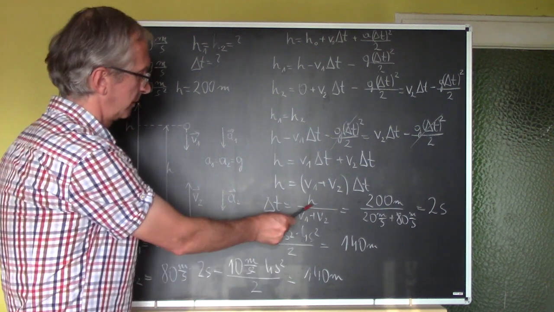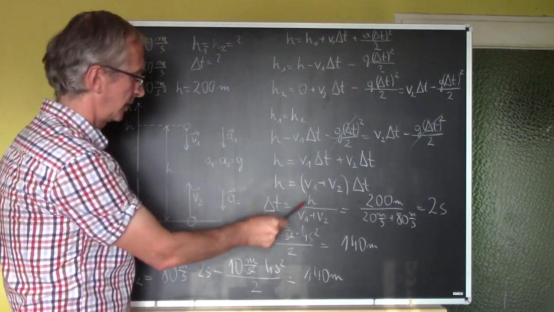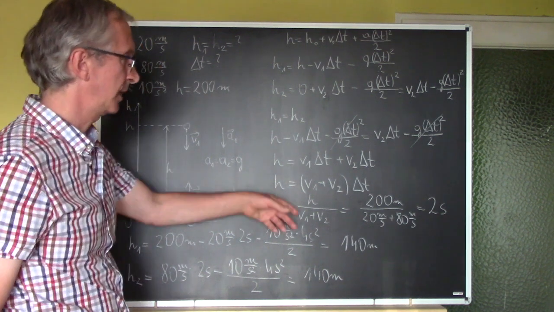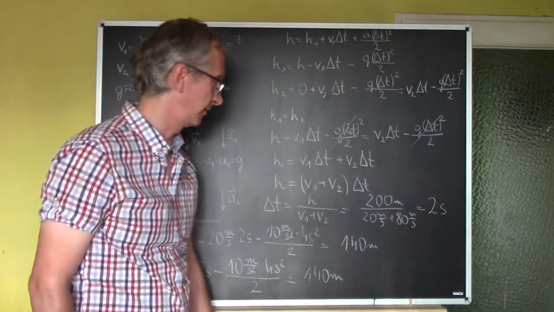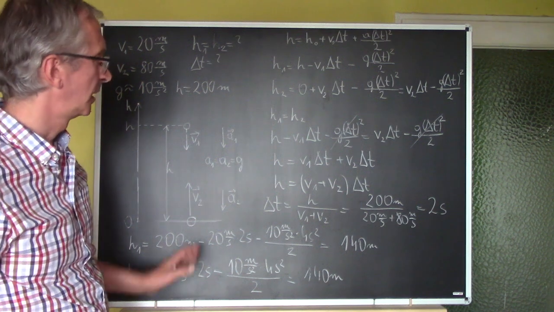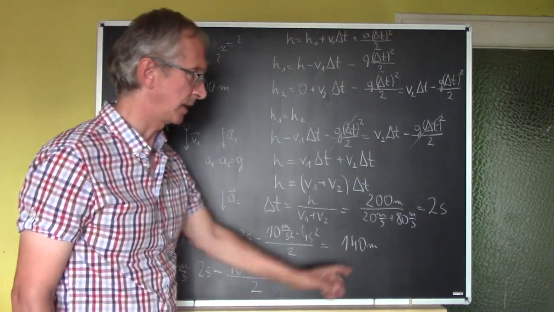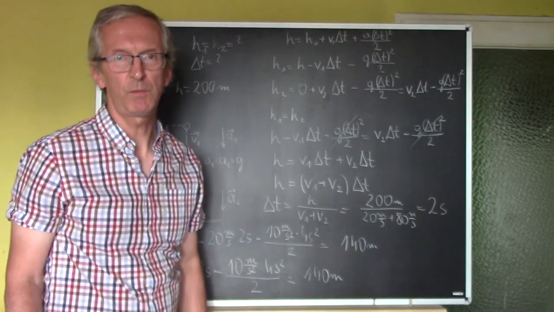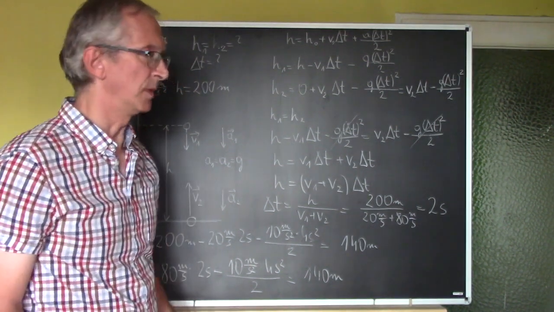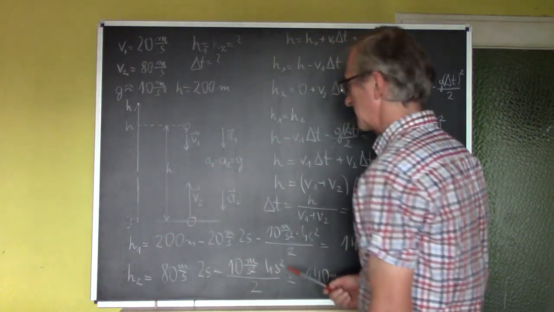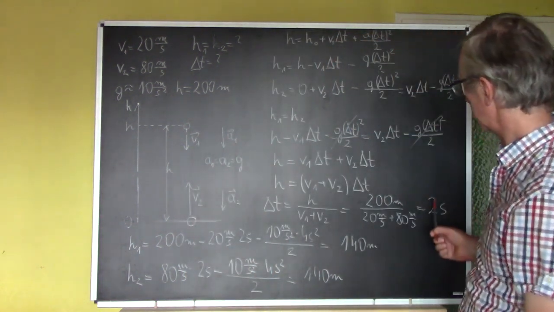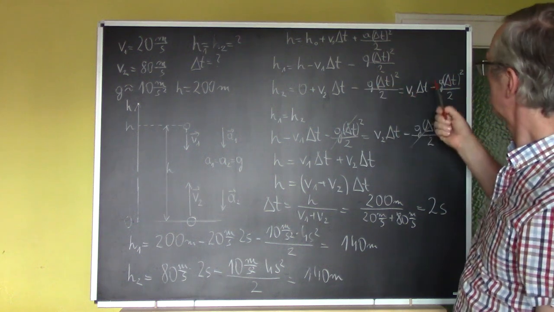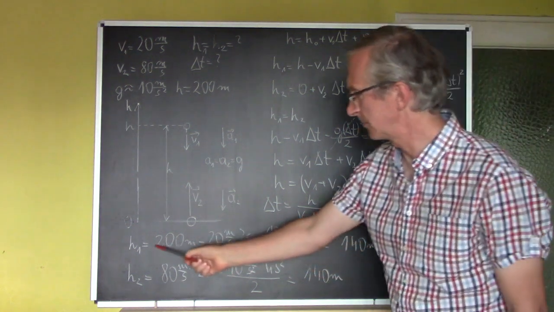We know height, we know magnitudes of velocities, so we put them here, and we know now that these balls will meet after 2 seconds. If we want to know where these balls will meet, it is enough to put this value into the first equation or into the second equation, and it's done here.